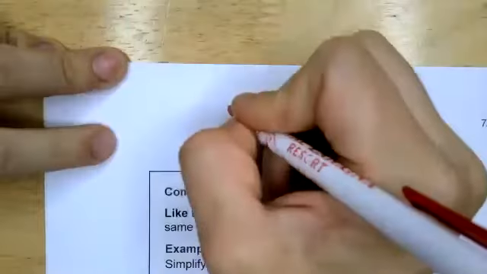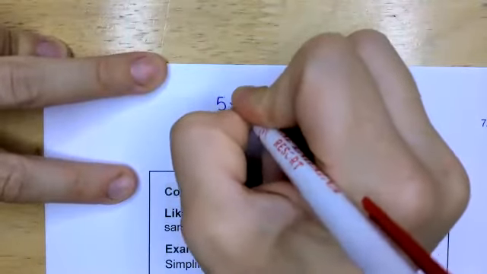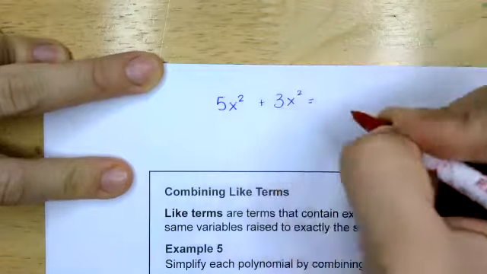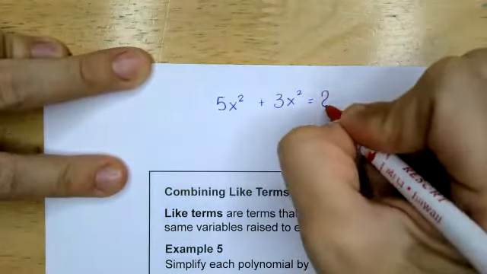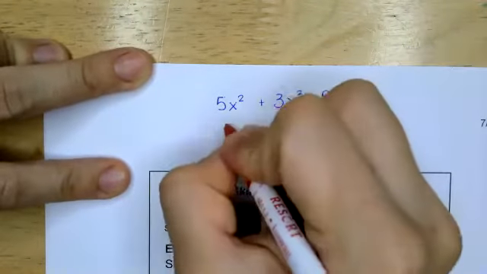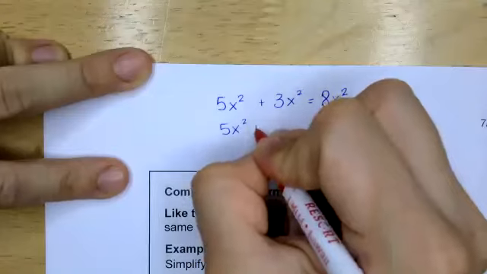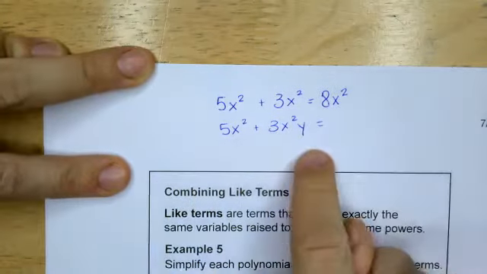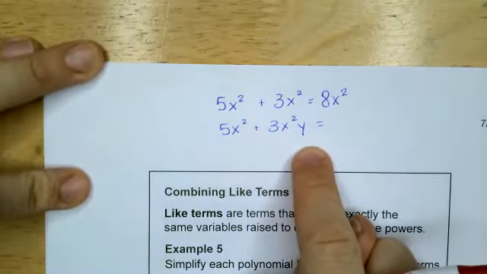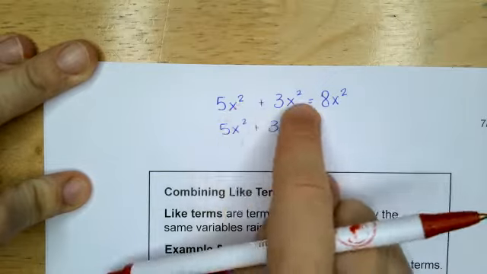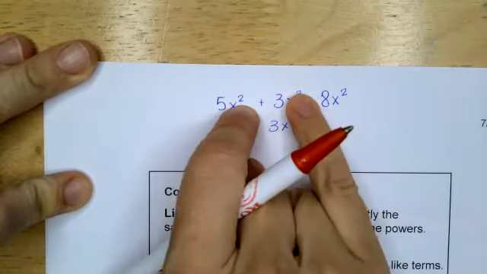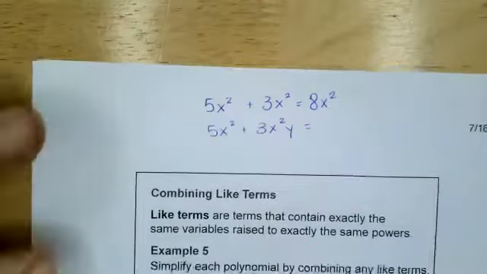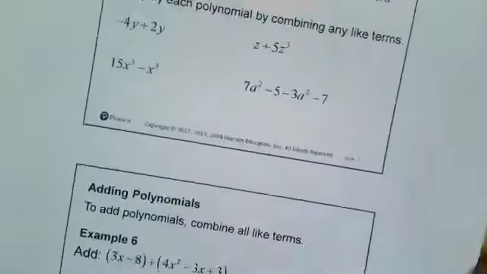So if we had 5x squared and 3x squared, obviously that can just become 8x squared, right? If I had 5x squared plus 3x squared y, I cannot simplify that. Okay, they have to have the same letters raised to the same powers. 5x squared and 3x are not going to combine. 5x squared and 3x squared y are not going to combine.